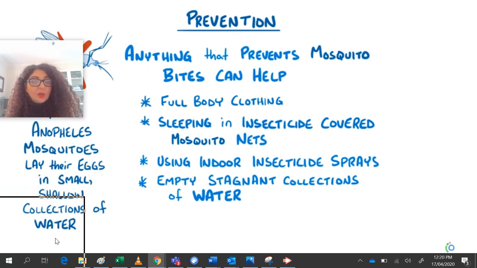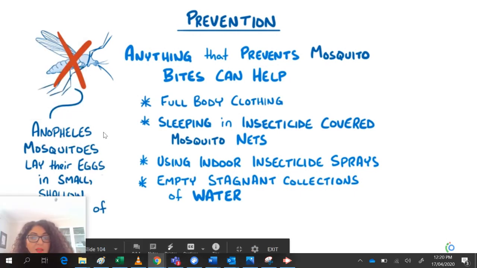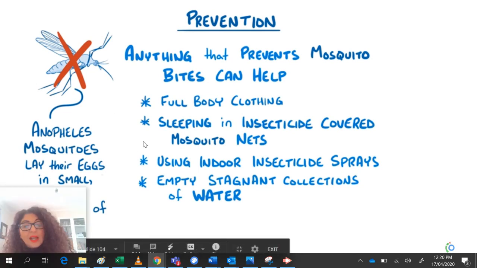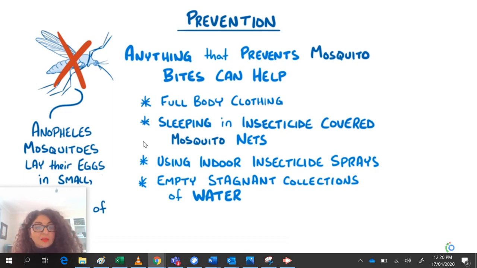Now, when we look at preventing malaria, we generally want to think of anything that will prevent the mosquito from biting you. So what we're looking at there is full body clothing and sleeping in insecticide covered mosquito nets. So, you've got those mosquito nets.